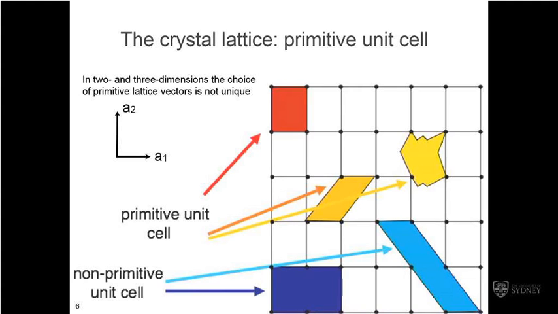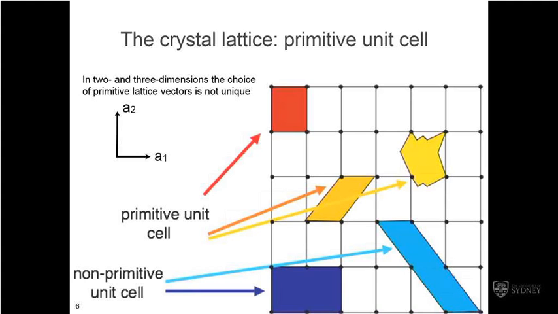The only criterion, remember, is that when it's repeated, it tessellates. It covers the whole space. So it doesn't matter how you choose it. It's primitive because it's just got one lattice point. It's only one lattice point because it has to share with the ones around it. So there's not 4 lattice points, there's only one.